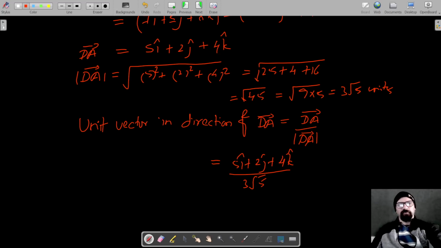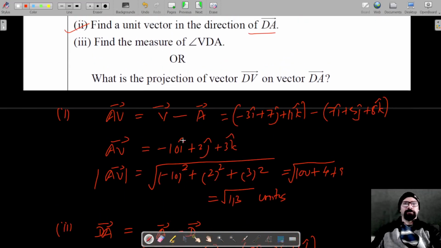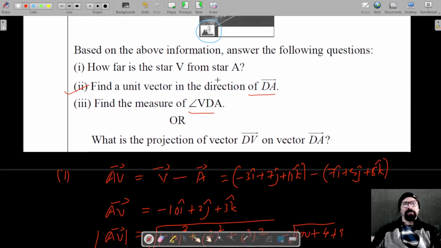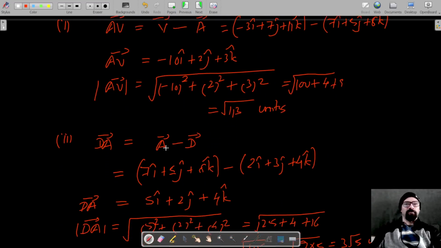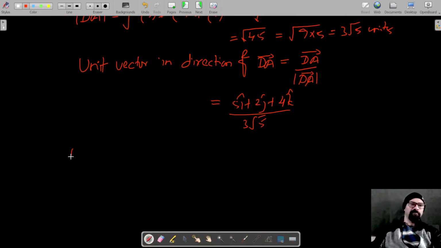Okay, the third one is to find the measure of angle VDA. So angle VDA is the angle between the DV and DA vectors. So we have got the DA vector. Let's find out the DV vector for the third one.